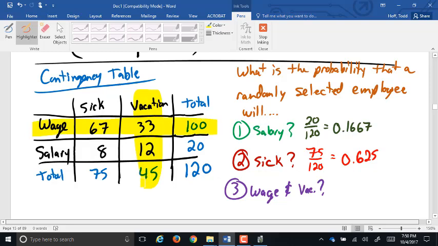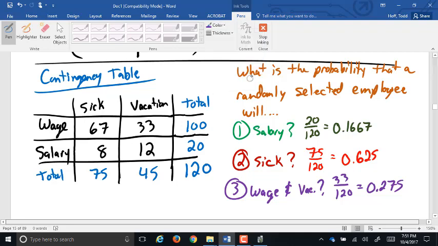What part of that are we really interested in? Only the ones that do both, just the 33. So that is 33 out of 120, which is 0.275. So when it was an and, it had to be both of them.